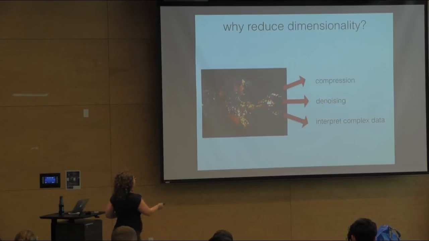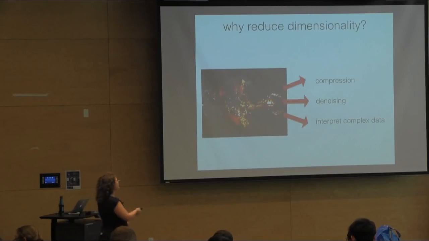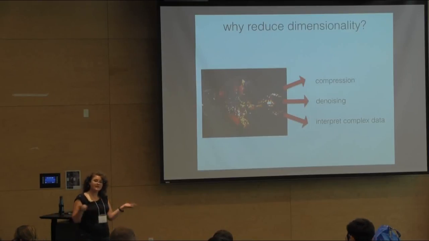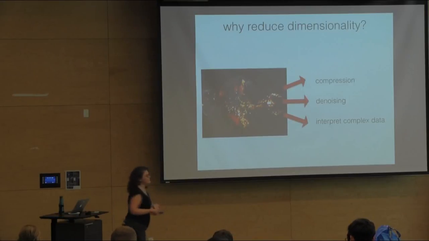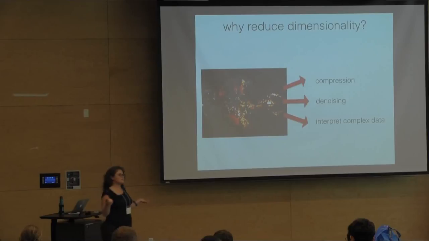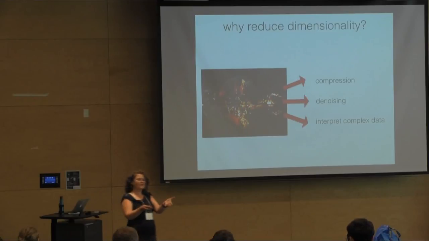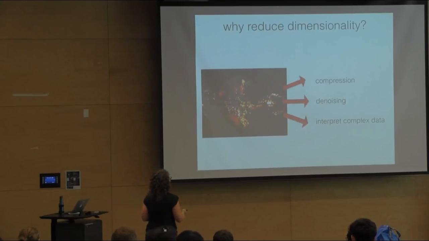And that's something that we would like to be able to do with these low dimensional models, which is have some sort of representation that allows us to interpret the data set more succinctly or in a more comprehensive way. Of course, when we reduce the dimensionality, this also gives us a way of compressing our data. So there is just this aspect of having a smaller amount of numbers to deal with. So that's this compression piece.